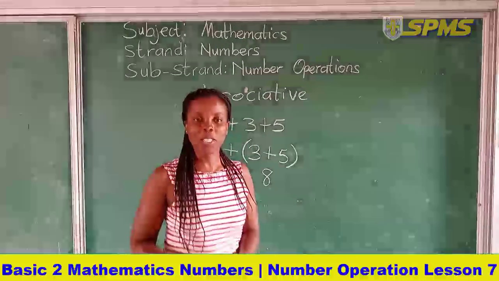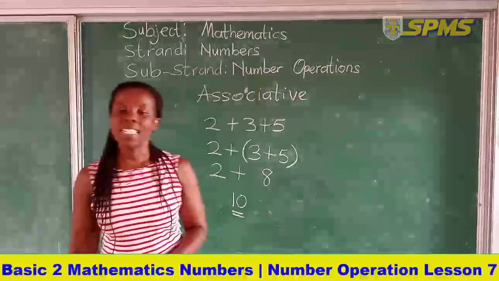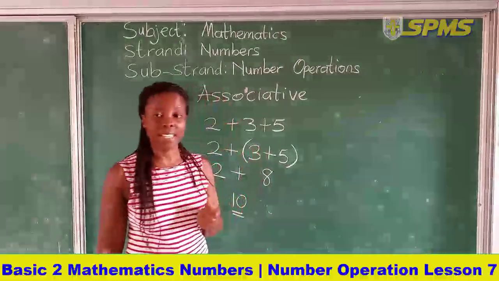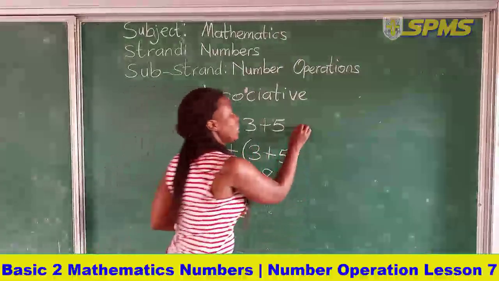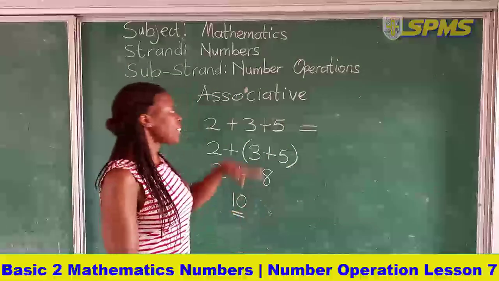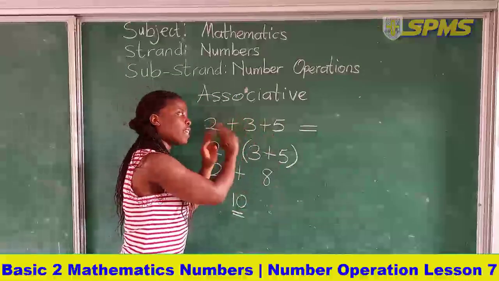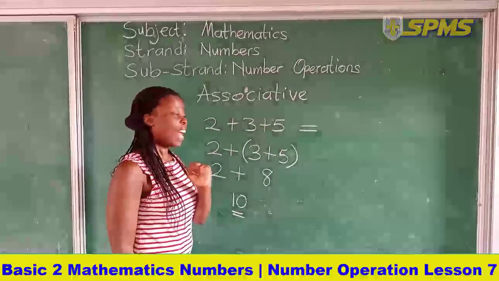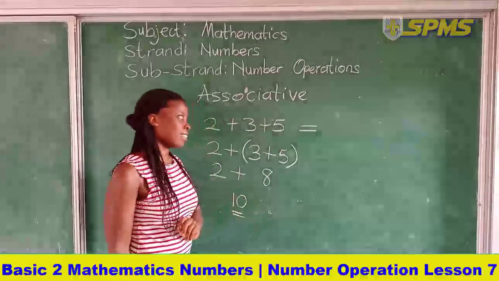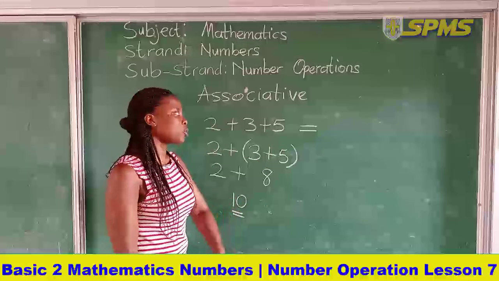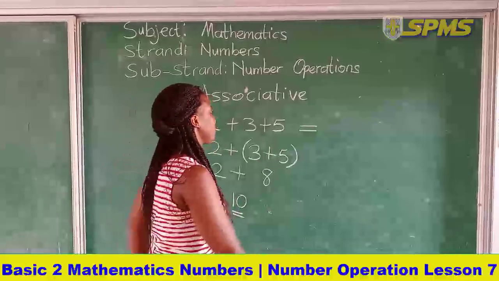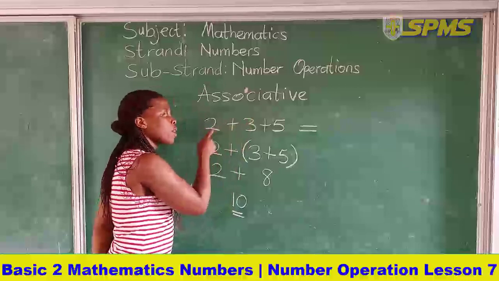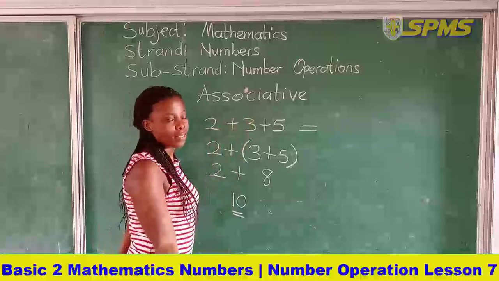Good. Can we try another example? Let us have another example. So in a sense that when I change the places of these numbers, okay, I'm still going to get 10. So let us try and do something here again. This time, the 2 and the 3 are going to be in a bracket.